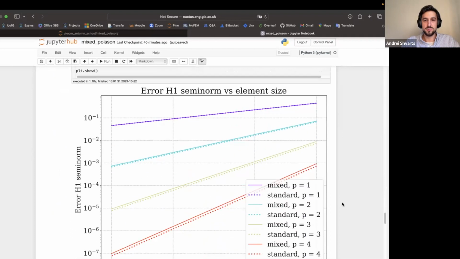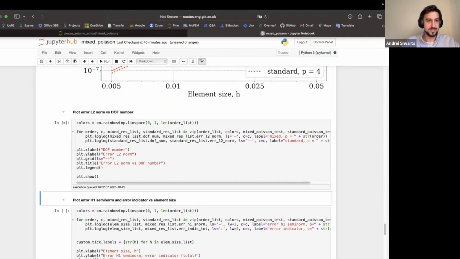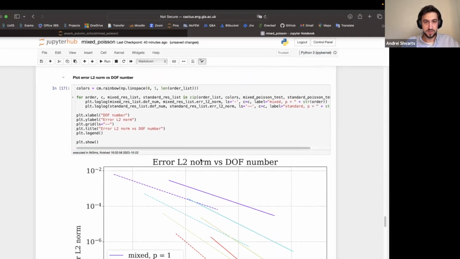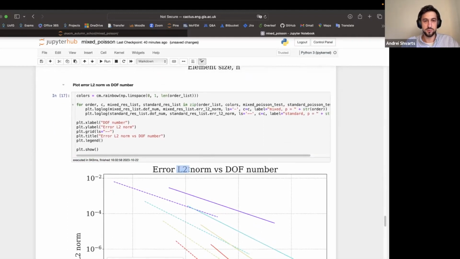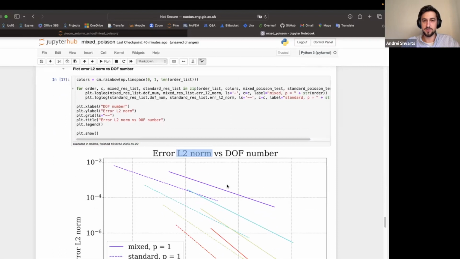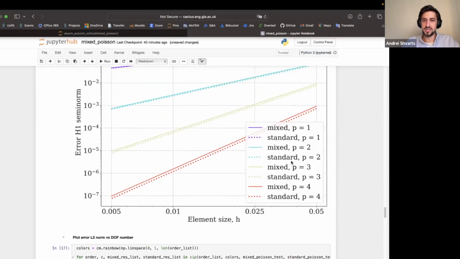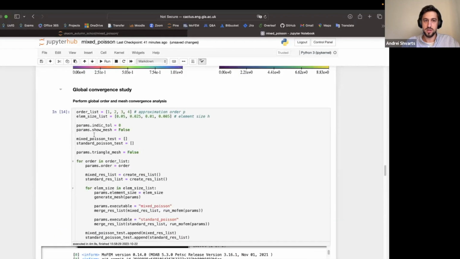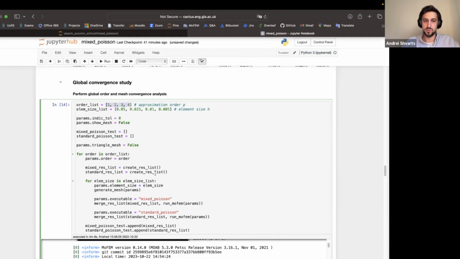And that's why we are plotting the next cell, which is going to give us the behavior of the L2 norm with increasing number of degrees of freedom. For each of the simulations that we performed in the cell, each of those 16 analyses which were done both for mixed and standard cases, we use a different number of degrees of freedom.